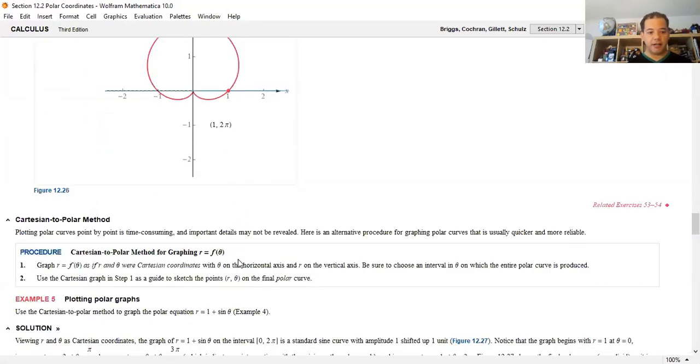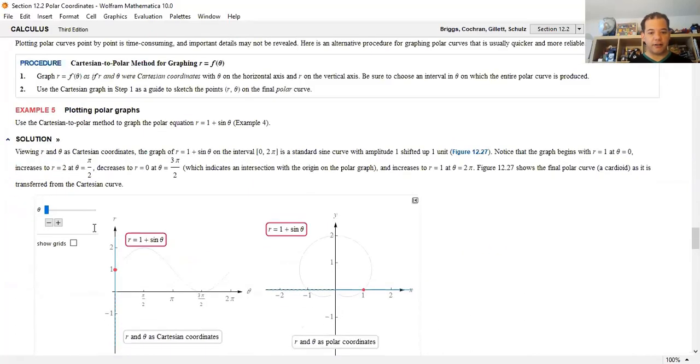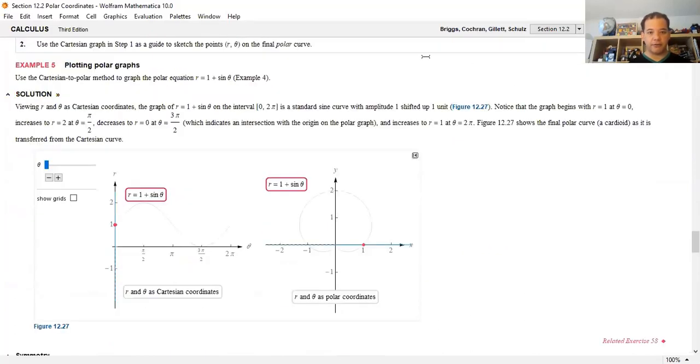And then in the next one, it shows how we did it right now. So in here, as we move the slider, it will follow along on the graph of 1 plus sine theta, and at the same time, draw it in the polar form on the right side of this little graph, right?